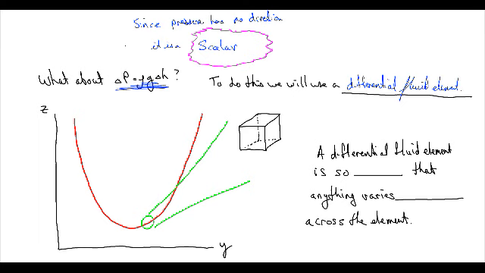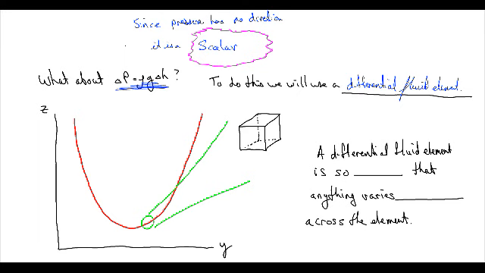Now, a differential fluid element is basically a segment of fluid that is so small that each of the sides is a differential length, so a dx, dy, or dz, right? And we use the same definition you learned in calculus for a differential length. It's infinitesimally small.